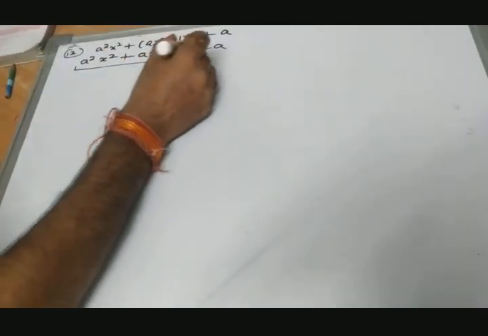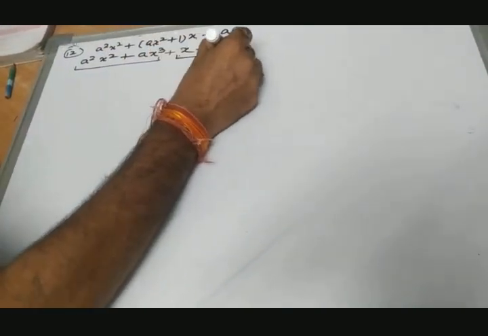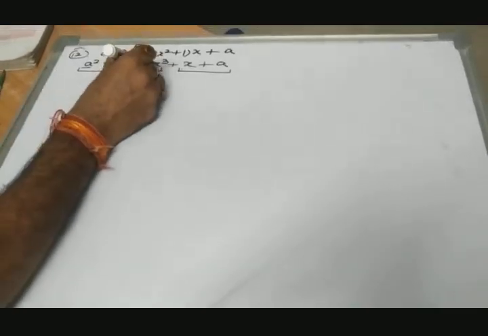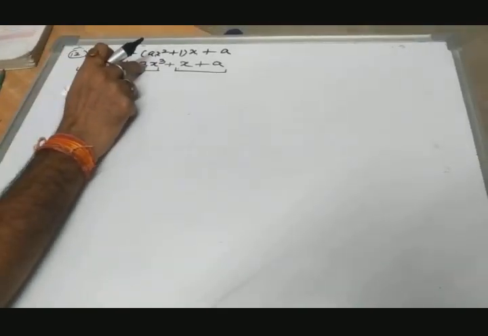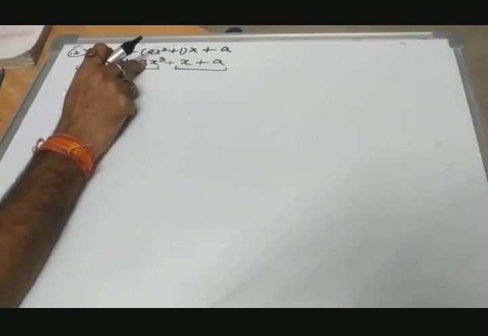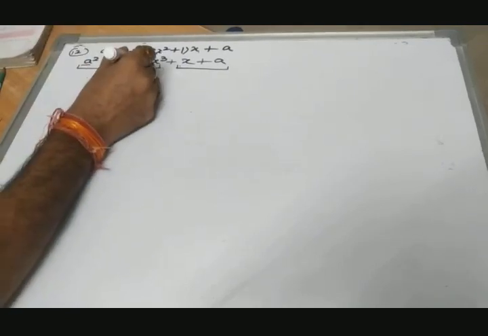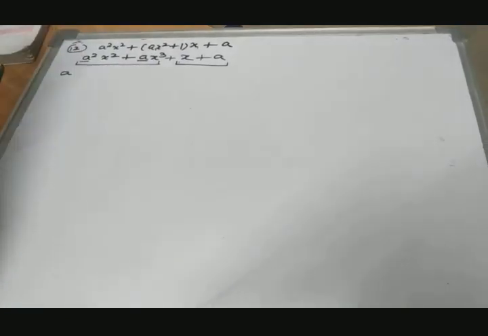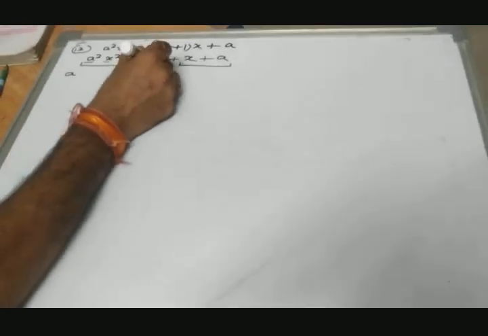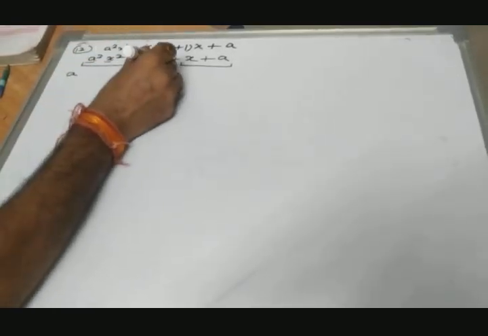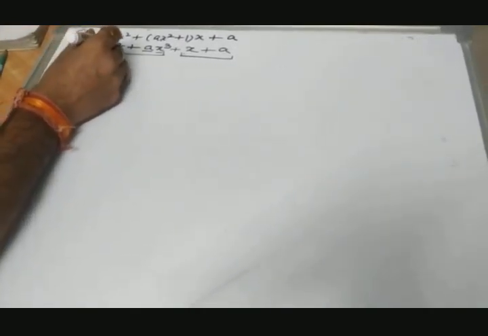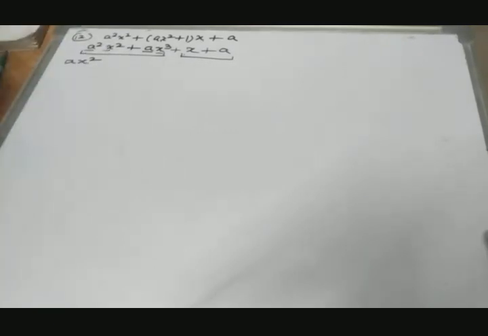This is divided into two groups: the first two as the first group, the last two as the second group. In the first group, a is common, with power 2 and power 1, so we take a as common, the one with less power. It also contains x with power 2 and power 3, so we take the term with the lesser power, x².